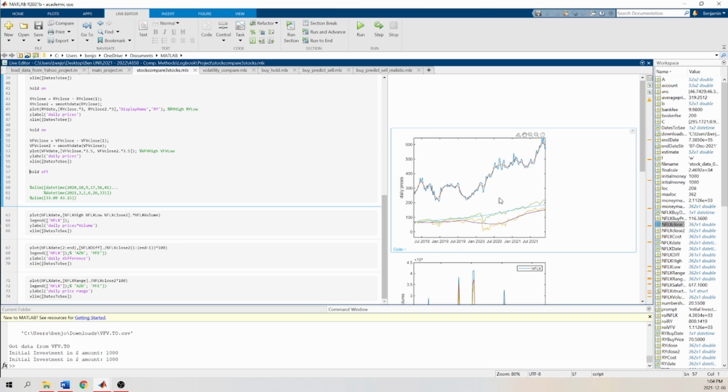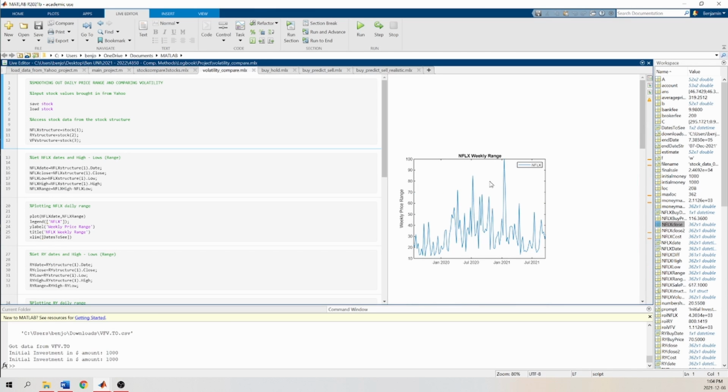And so, speaking of volatility, this M-file basically analyzes the volatility by looking at the rate by which the stock is changing each week. So you can see here on a scale from 10 to 100, this Netflix data is extremely volatile. As an investor, you would be worried with all the peaks and the lows.